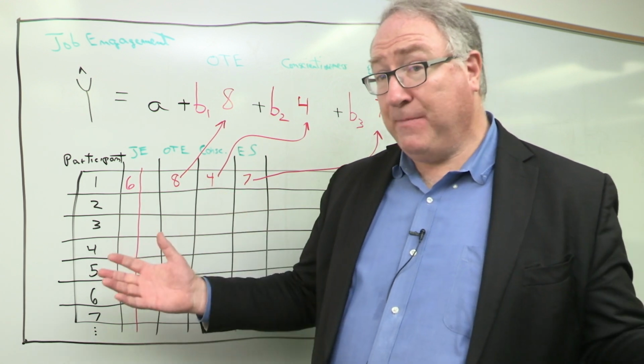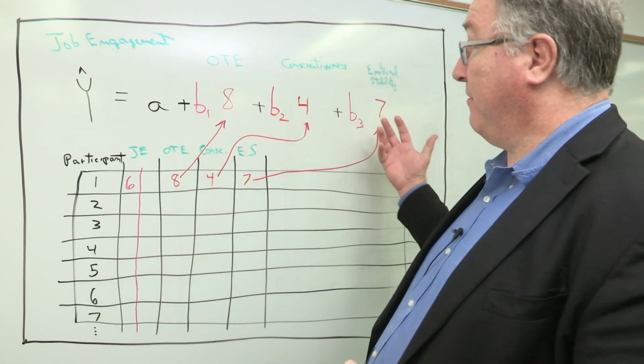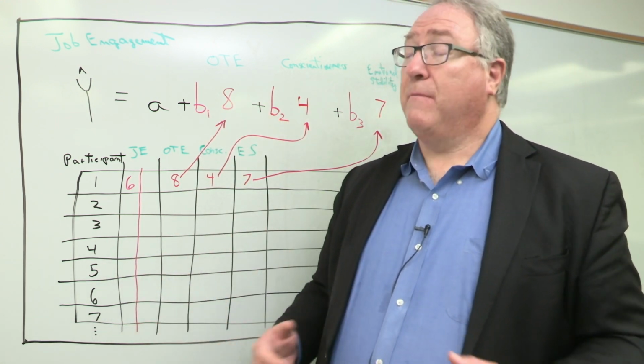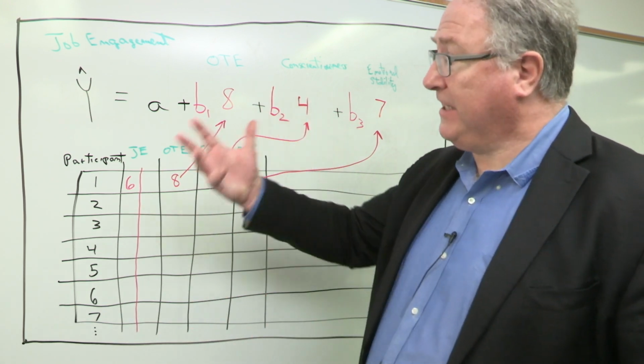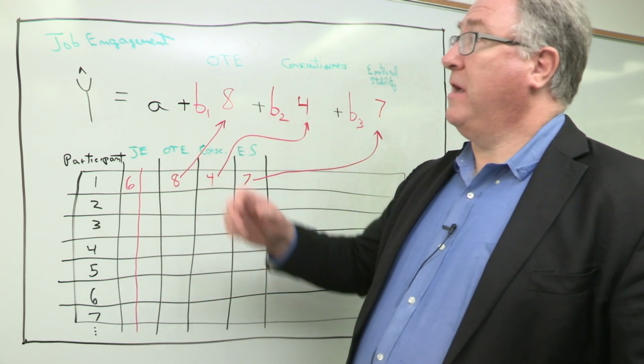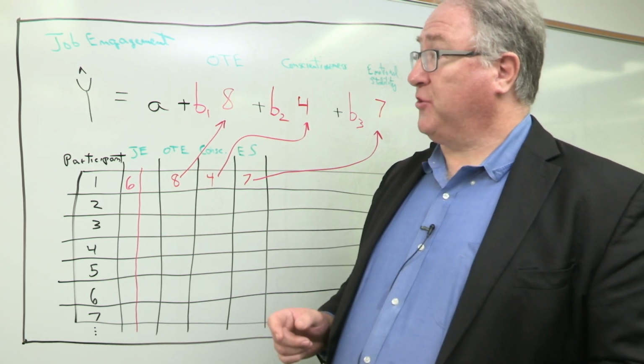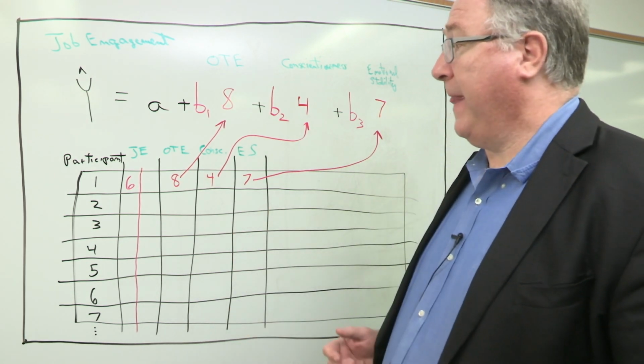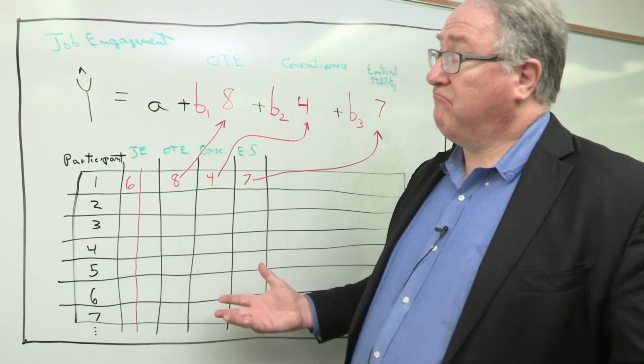And let's just say, because we don't have some of the values up here, so we can't say exactly, but let's just say that the predicted value for participant 1 on the job engagement measure, the outcome variable measure, is 7.